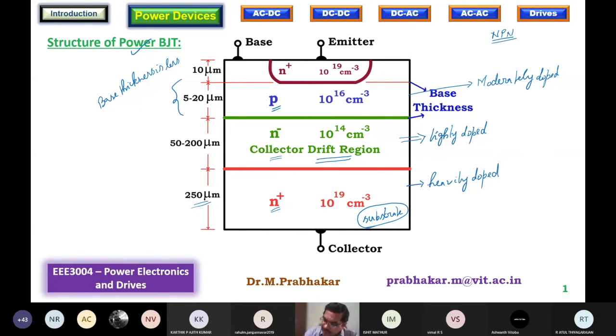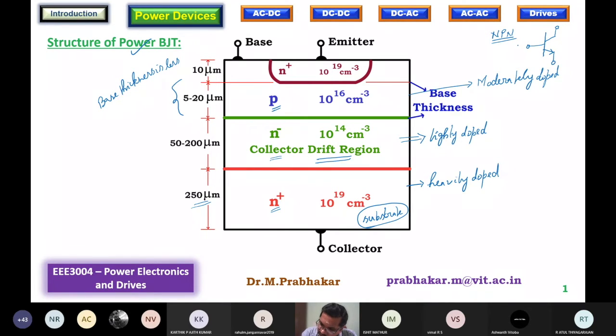Obviously, I need to draw the symbol, I do not know whether you people will be able to recollect. I will draw the symbol somewhere here. Anyway, it's always better if some sort of clarity is there. Whether you know or not, let me not presume. So this is the symbol of an NPN transistor. You will have the arrow mark pointing outwards.